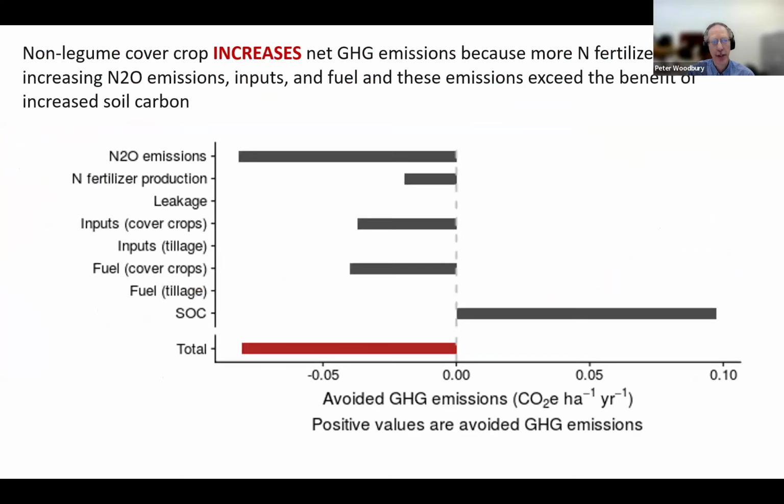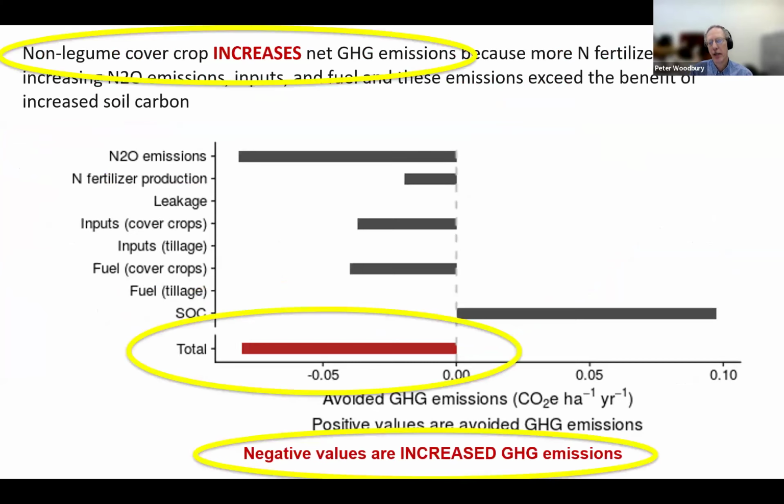Here's the next example. This is a non-legume cover crop. And the first thing you probably notice is the bar at the bottom is red. And I apologize to any of you who are red-green colorblind. The bar is also pointing towards the left, and it's a negative value.